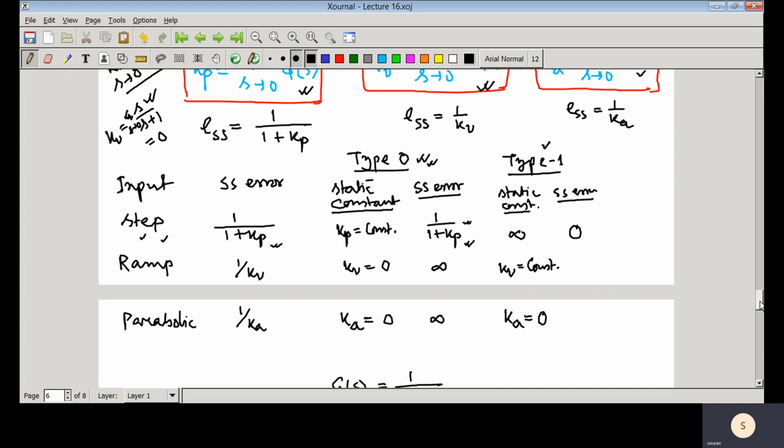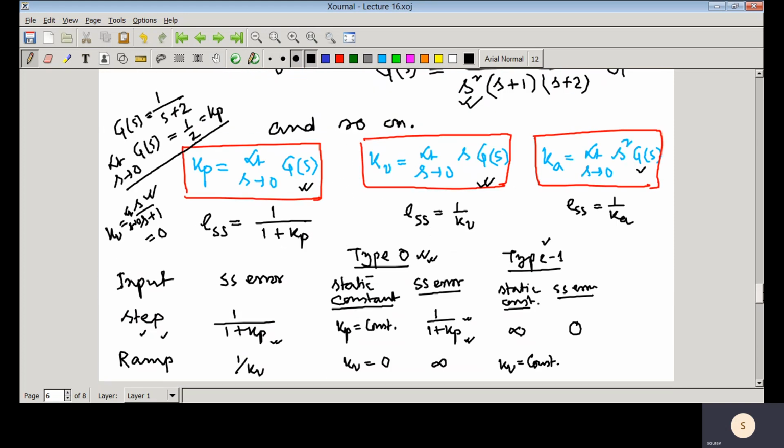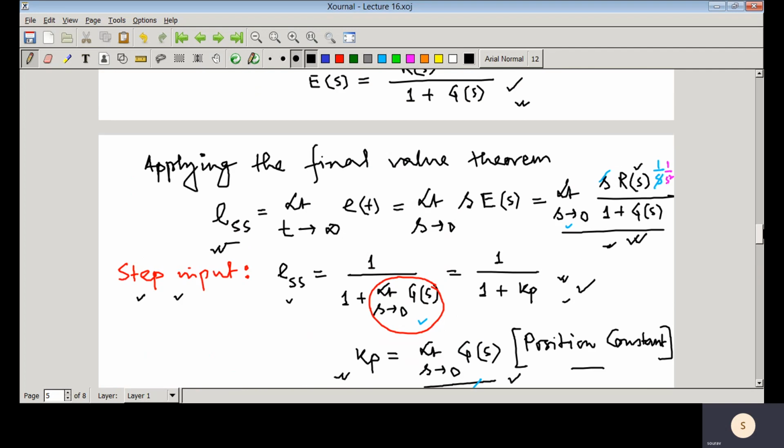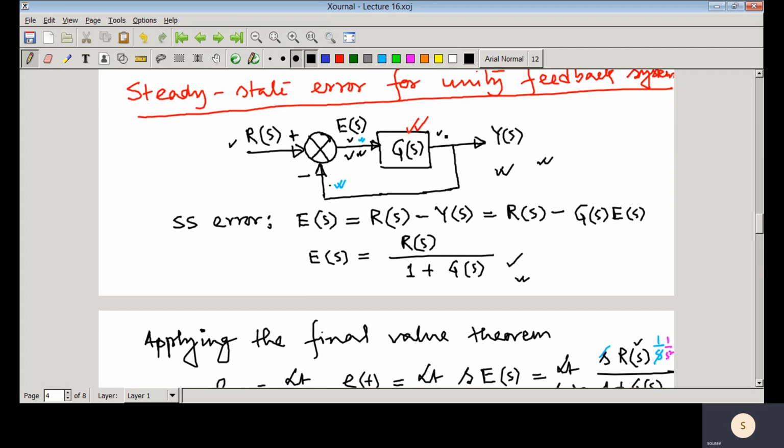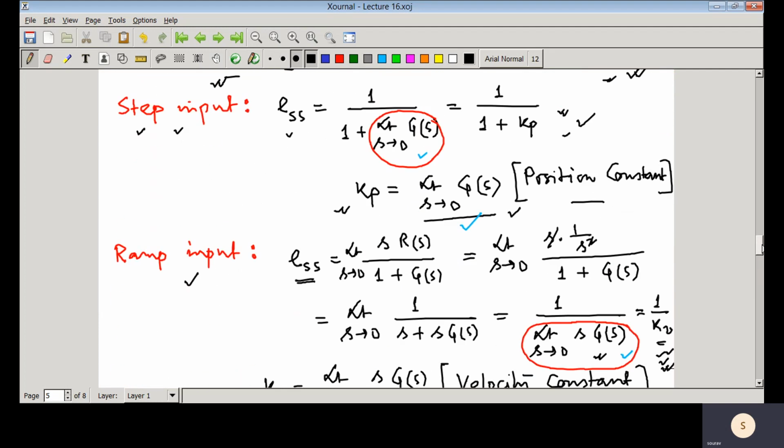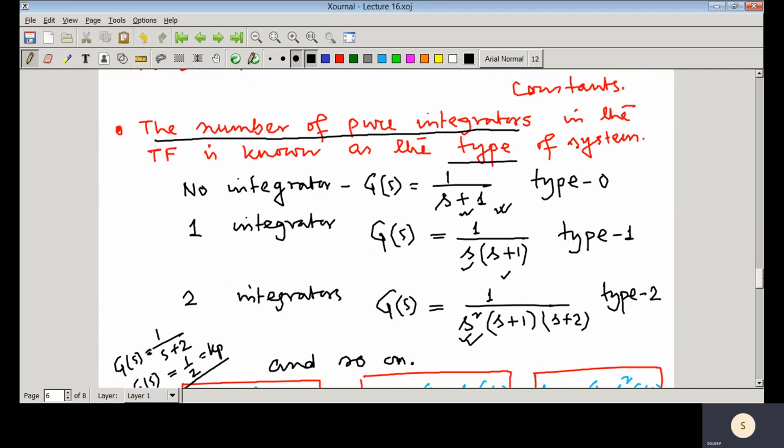One interesting thing you can see here, whenever you have a unity step feedback system, and if this plant is a type 1 plant, that means it has one pole at origin, if you apply step input here, the output also will track that reference command, means its error signal would be equal to 0.